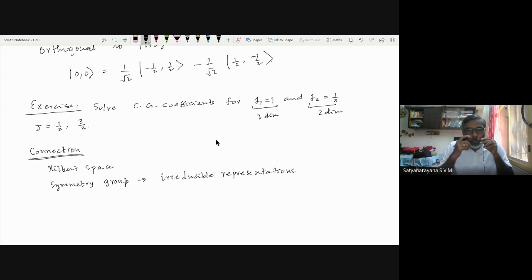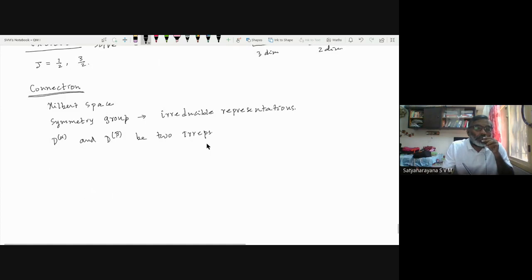Now let us say that D alpha and D beta be two irreducible representations, irreps. Now we can ask a question: what happens to D alpha cross D beta?